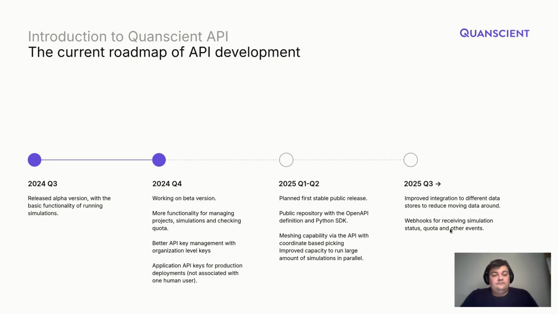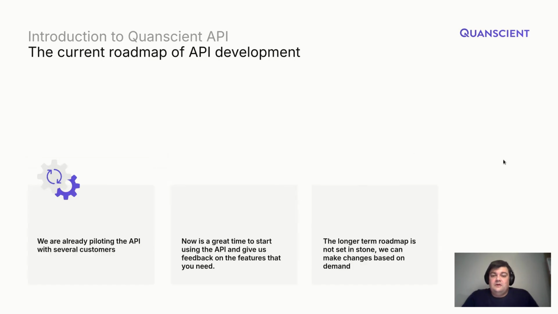And then further down the line, there will be improved integrations and webhooks for receiving asynchronous events and such. And we are already piloting the API with several customers, as said, and now is a great time to start with the API and Quanscient Allsolve and get your say in what direction we will develop this further.